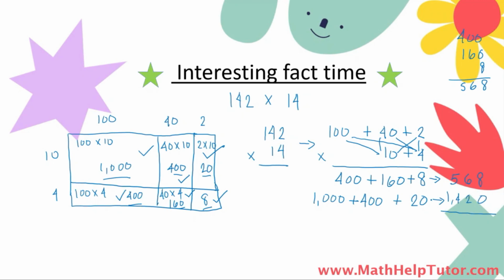Adding these numbers up, we get 8, 8, 9, and 1, which is also the answer to 142 times 14. That is 1,988. So I want you to keep these facts in mind because these are exactly the concepts that we are going to be using for the next lesson, which is multiplying numbers using the standard algorithm.